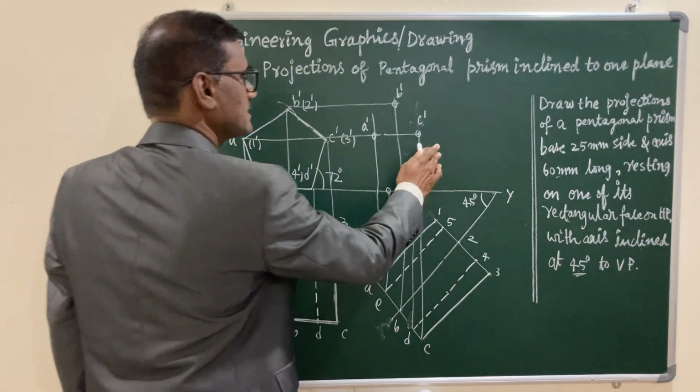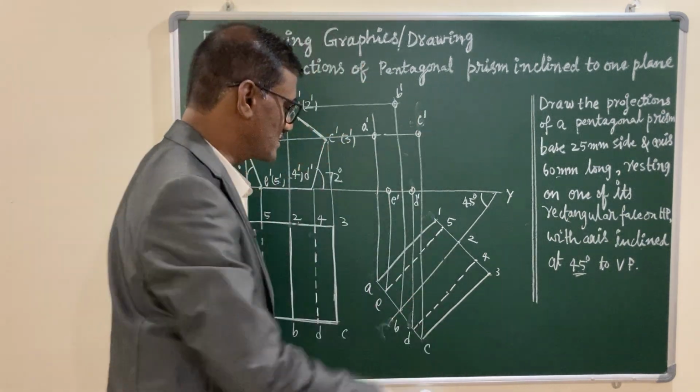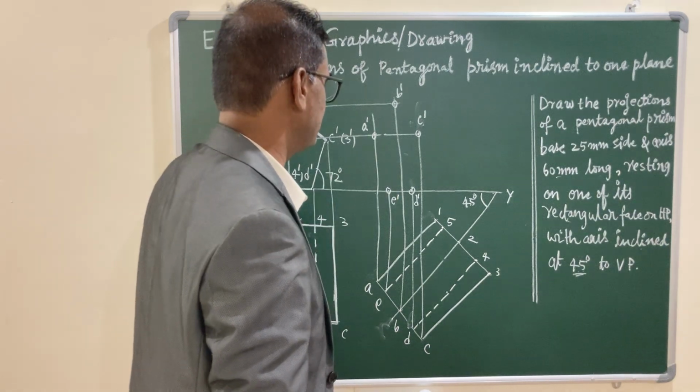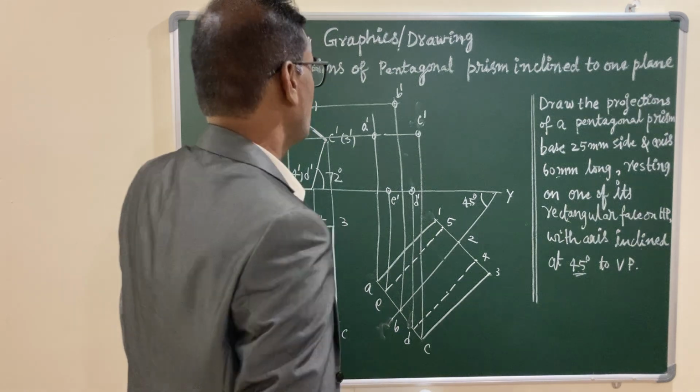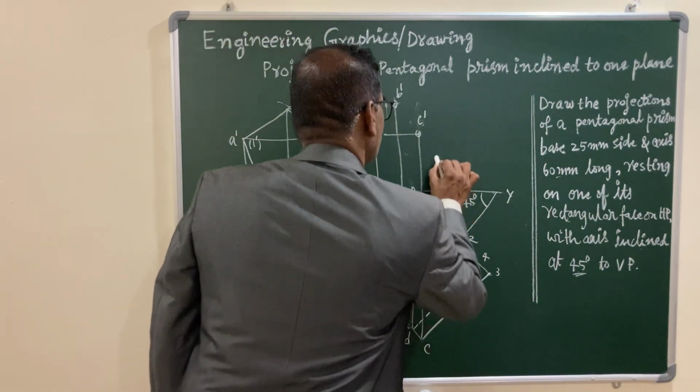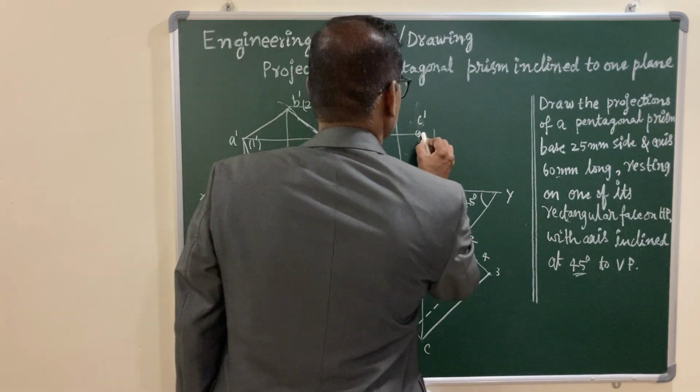You have located one end face which is near to the observer, all the corners A, B, C, D, E. Similarly, locate the other end face. From 1, draw the vertical projector and horizontal projector.